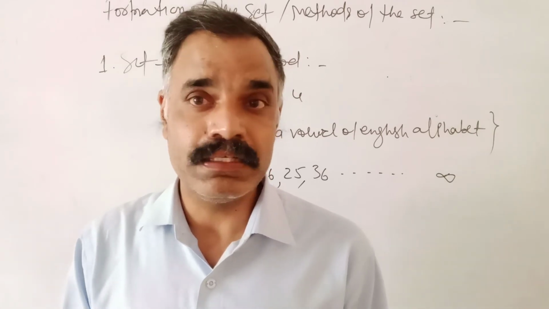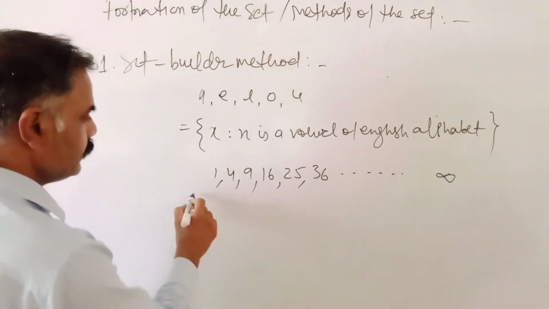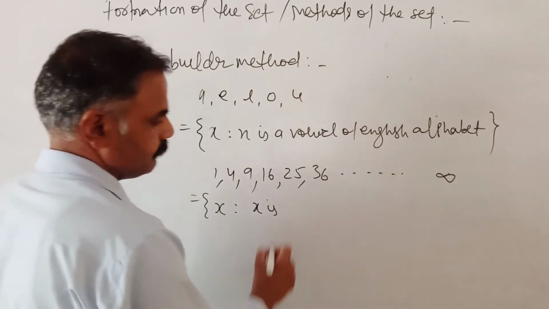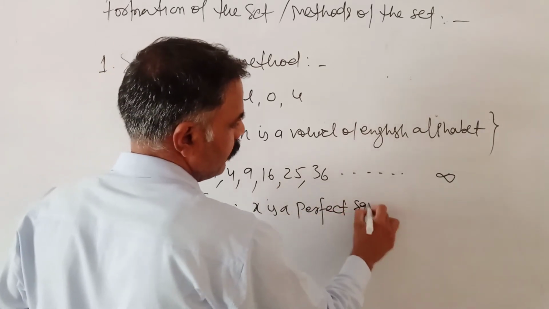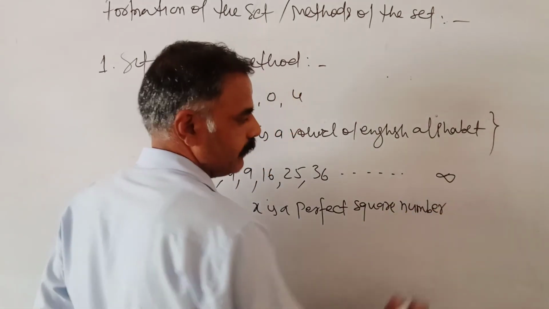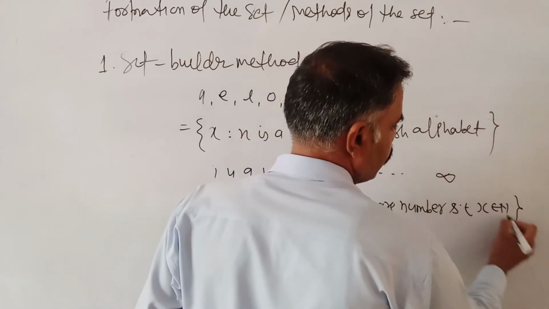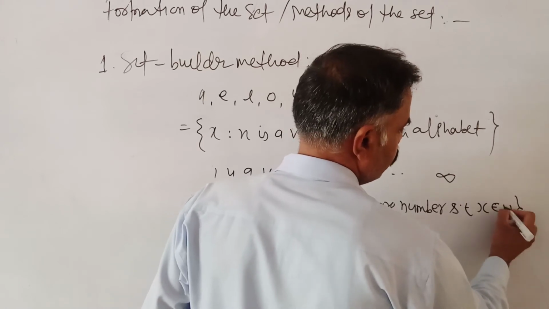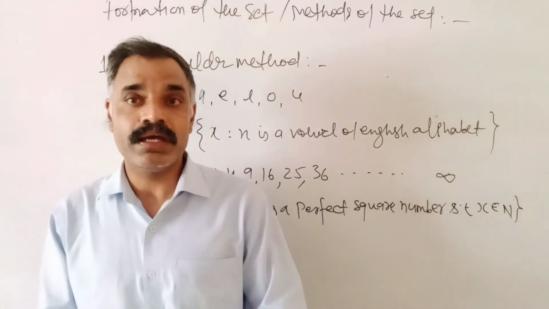How will we represent this collection in set builder method? This equals x such that x is a perfect square number, such that x belongs to the set of natural numbers. Okay, so these are two examples.